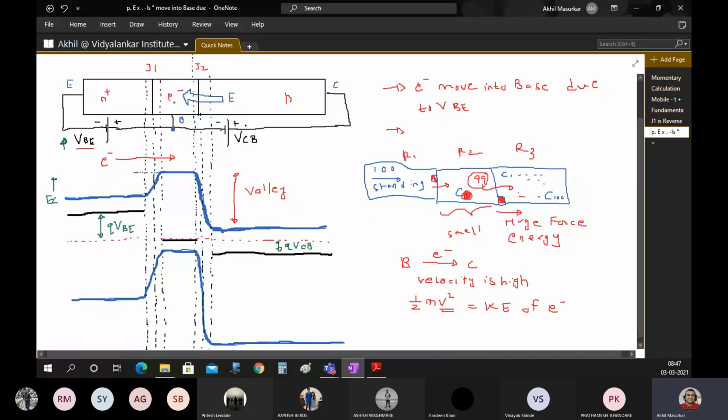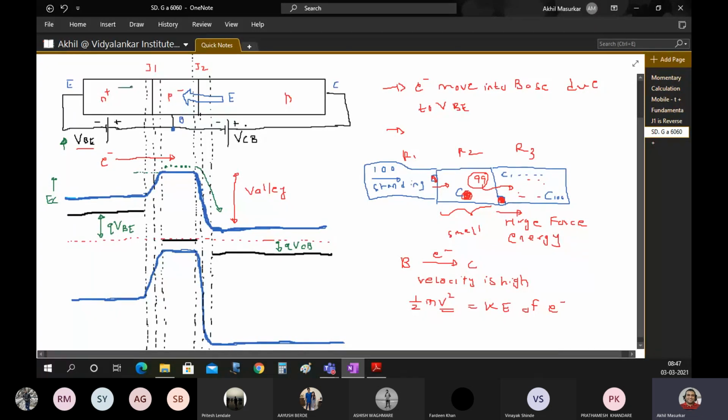You want them to stay there only momentarily, and then once many electrons have accumulated here, they will simply flow or roll off into the valley and come to the collector side. So if you see the movement of electrons, see here what I am drawing.